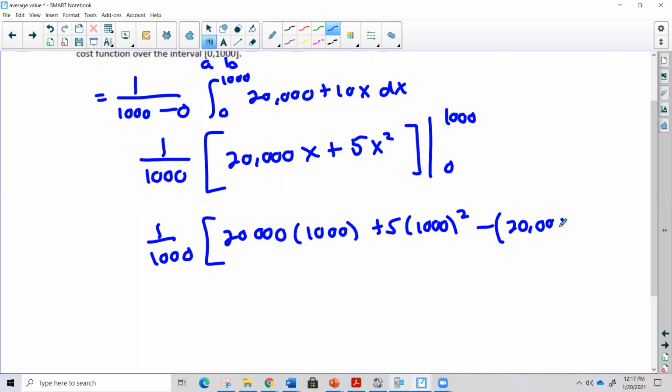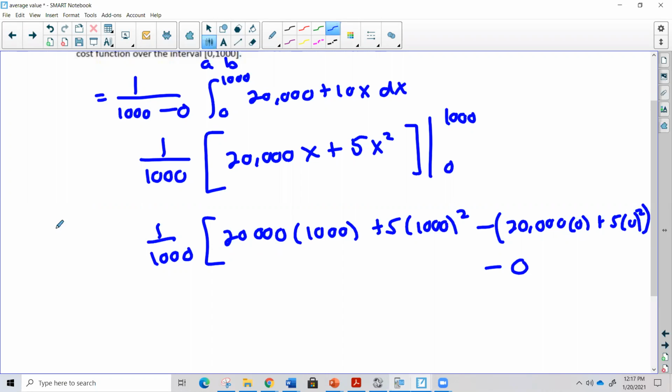Now, often, as long as every term has an x, if you're plugging in 0, it's actually really easy because this just gives me 0. So this would just be minus 0. So it's really just going to be 20,000 times 1,000, and then plus 5 times 1,000 squared.